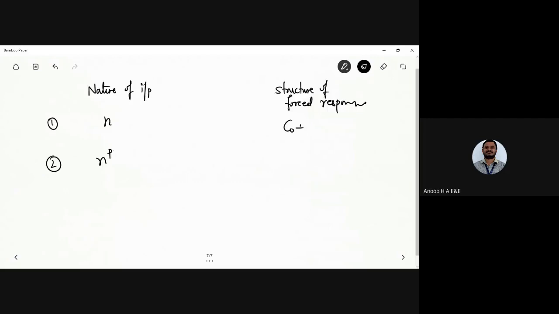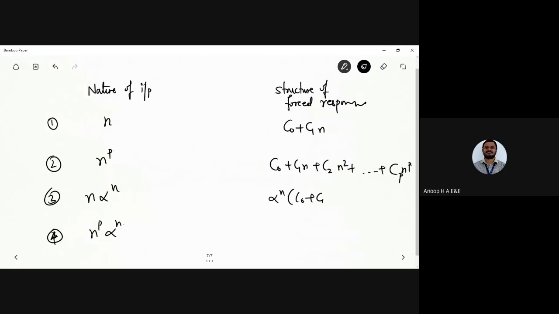So C naught plus C1 into n plus C2 n squared plus Cp multiplied with n power p. Third one, you have n into alpha power n. Fourth one, what I have here is n power p alpha power n. So here I can write it as alpha power n times C naught plus C1 n and so on.